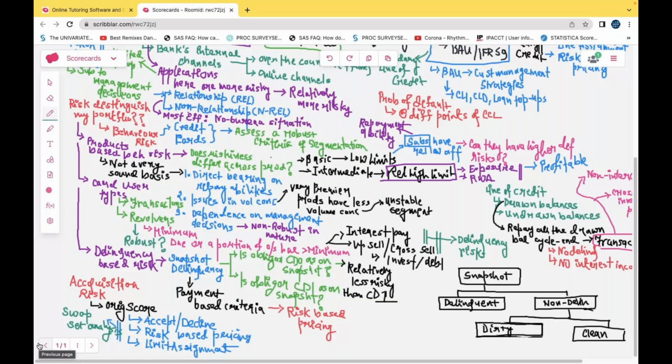Now we'll take a step further to understand this origination scoring and how the accept decline decision is taken, and from there we'll talk about the behavioral models, right? Okay, so I'll move to talk about the acquisition scores.